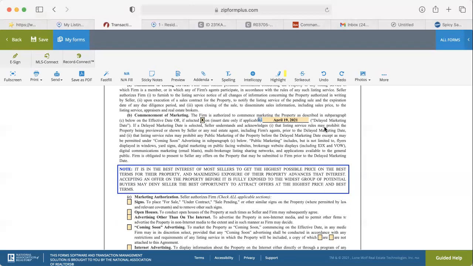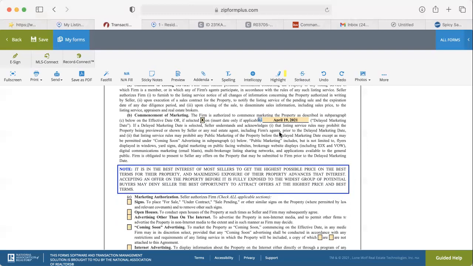Then there's this delayed marketing where we're not doing coming soon that does not allow you to market it. So delayed marketing literally means I'm delaying all marketing on this property. When I get this listing agreement signed, I still have to put it into the MLS within my 3 business days, even if it's delayed marketing.